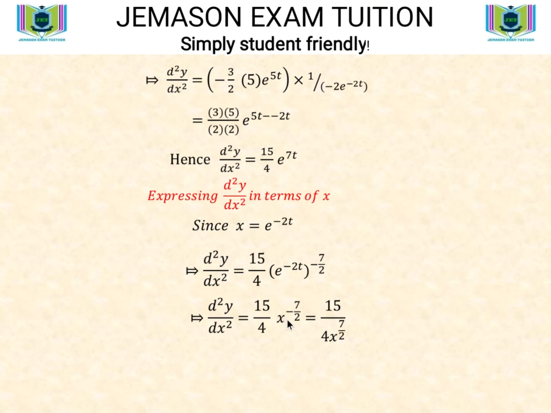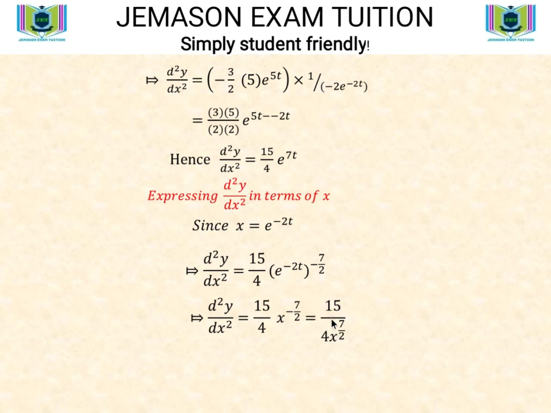From here again we can apply one of the laws of indices, which says x to the negative 7 over 2 is the same as 1 all over x to the 7 over 2. So when you reciprocate an index number, you simply change the sign of the power, and that is what has happened with x as we are reciprocating in this step.